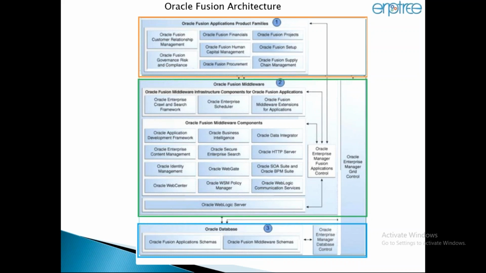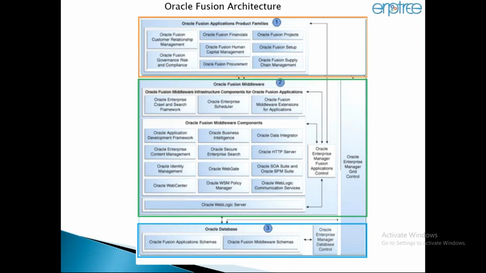Here the middleware is the platform on which your applications are built, and this Fusion middleware sits upon the database. So the database layer is at the bottom, on it you have middleware, and on middleware you have applications.